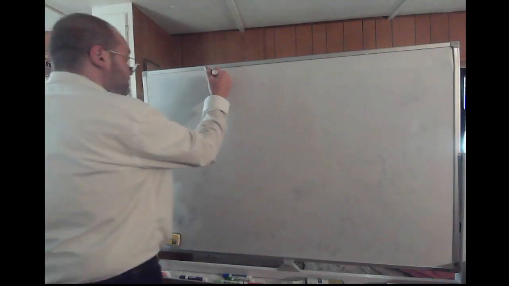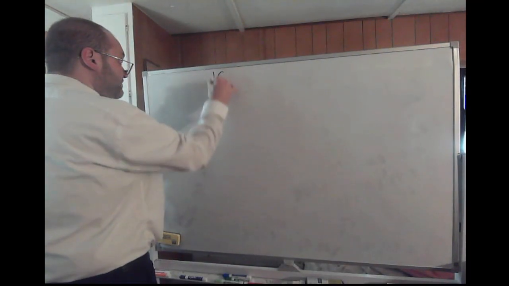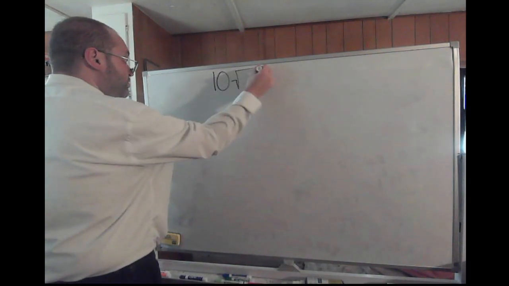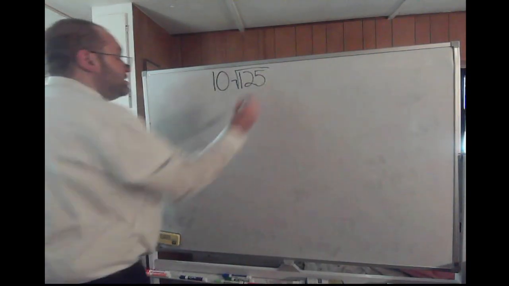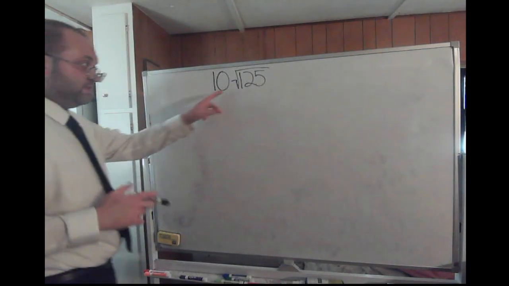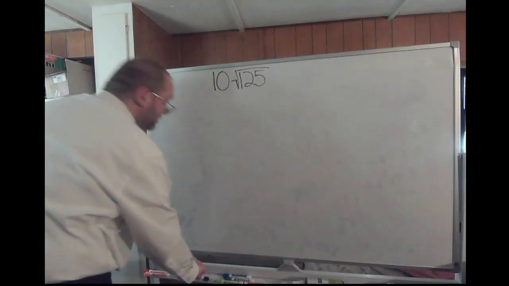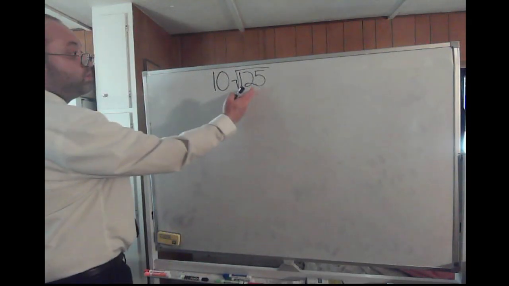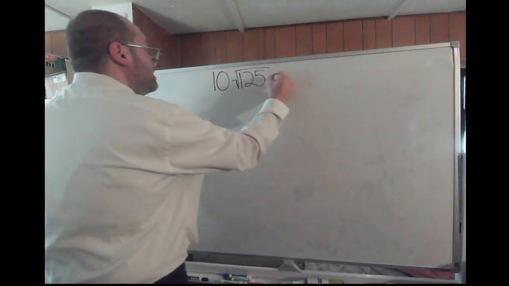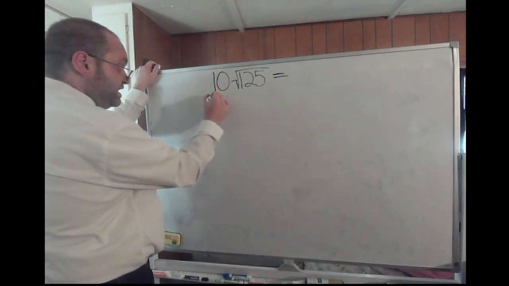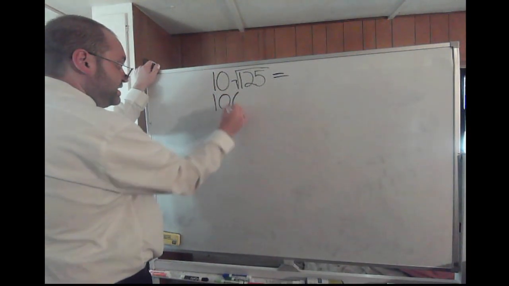Alright, how about we have 10 times the square root of 125. Well, 125 is not a perfect square. However, like we have with the other problems, keep 10 outside of your parentheses.